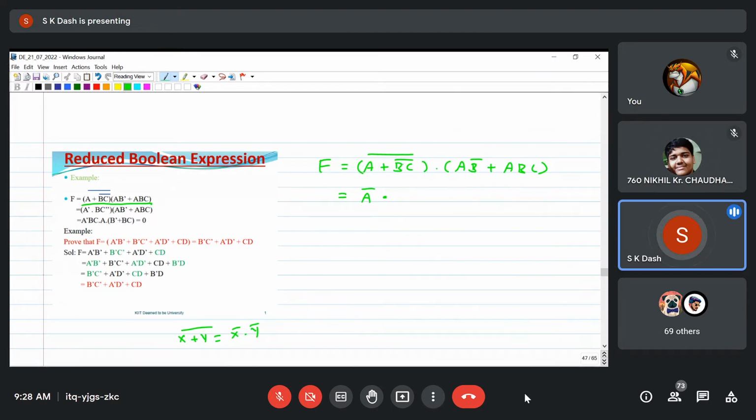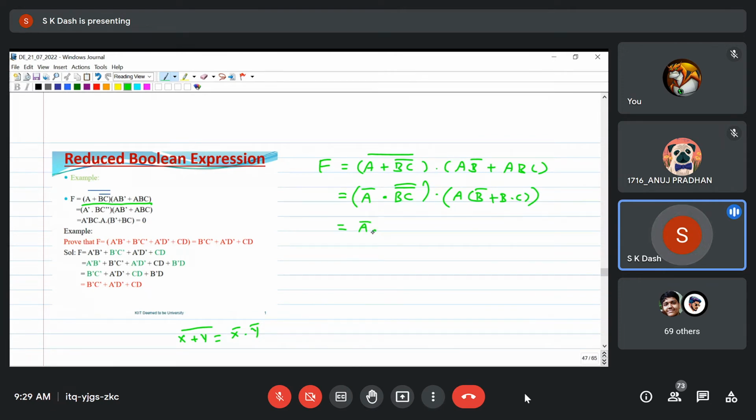Not BC, BC complement. So this will become BC double complement dot. Here, can I take A common? If I take A common, this will become B bar plus B dot C. Okay. Now, what happens here? This becomes A bar.